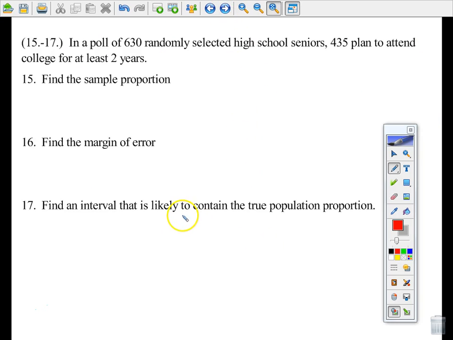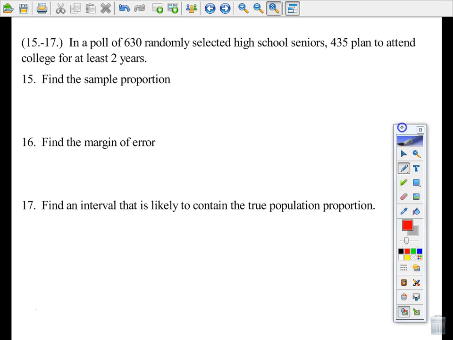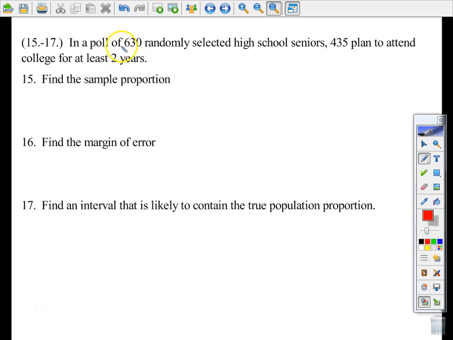All right, moving right along. 15 through 17, we have this poll of 630 randomly selected high school students. 435 plan to attend college. The sample proportion is the number that plan to attend college divided by the total number of students that we polled.